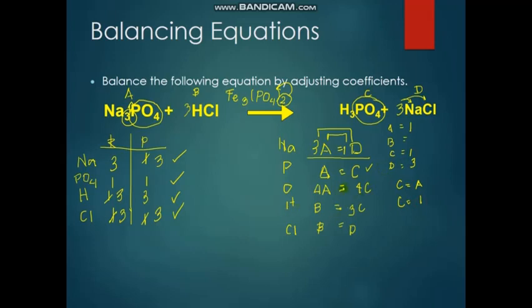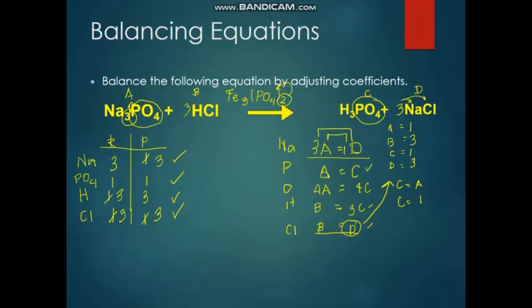Next, for B, we can choose from these two formulas. B is equal to 3C or B is equal to D. I think this is the easier formula to use. Since D is equal to 3, therefore B is equal to 3. So you have the balanced equation 1, 3, 1, 3.